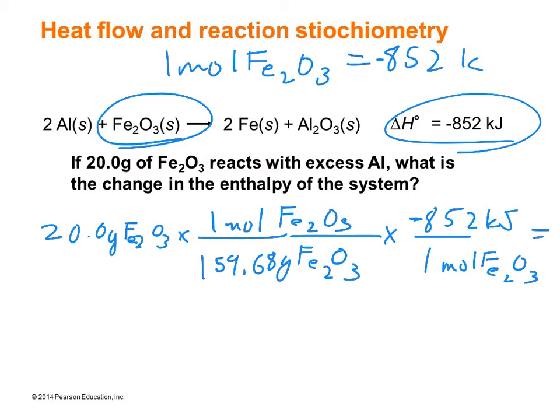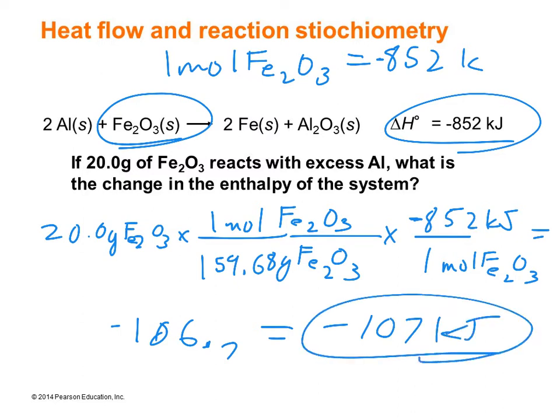Multiply everything on top, divide through by everything on the bottom. And that gives me a negative 106.7, or a negative 107 kilojoules.